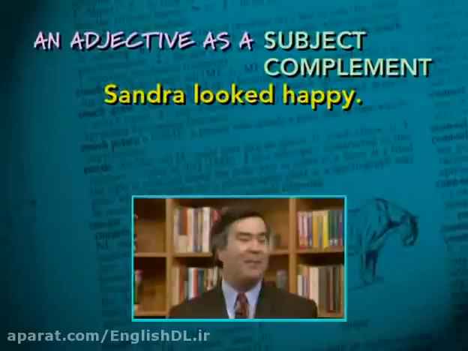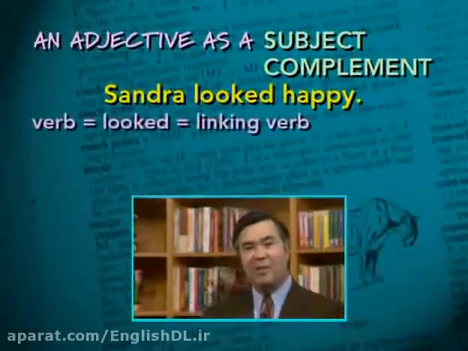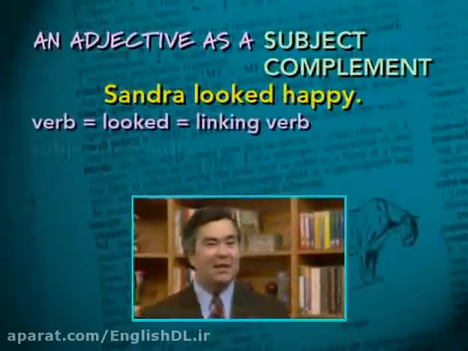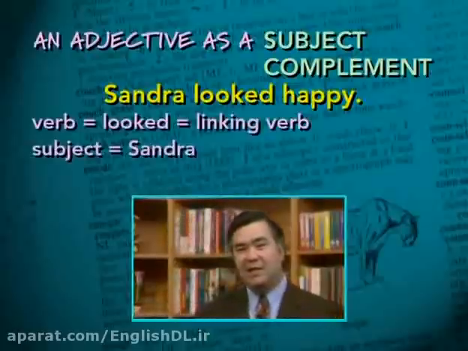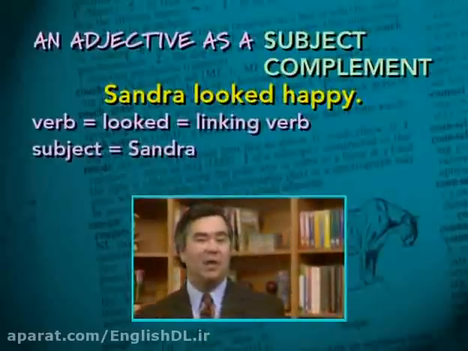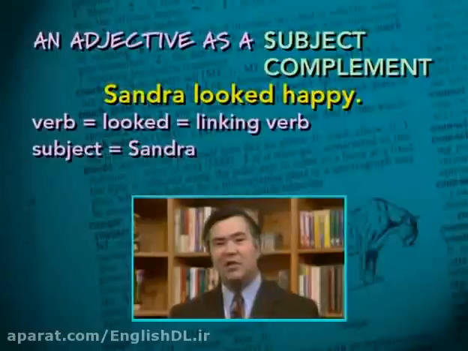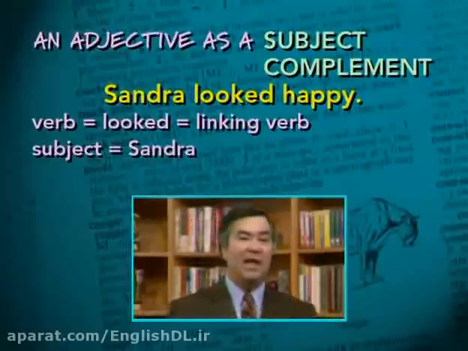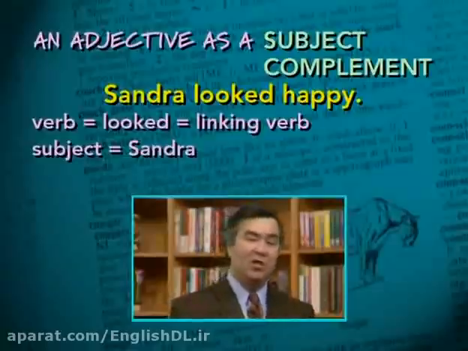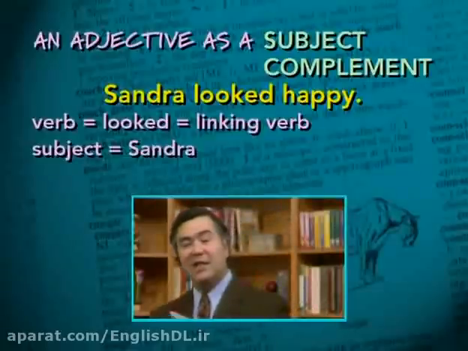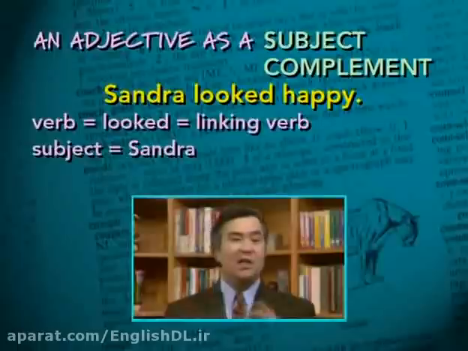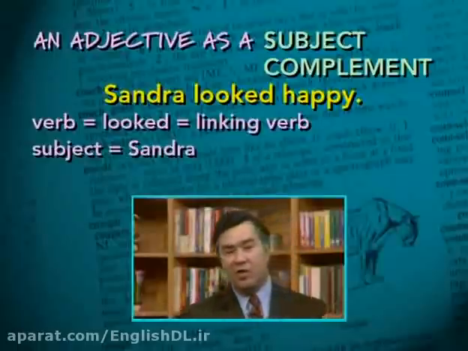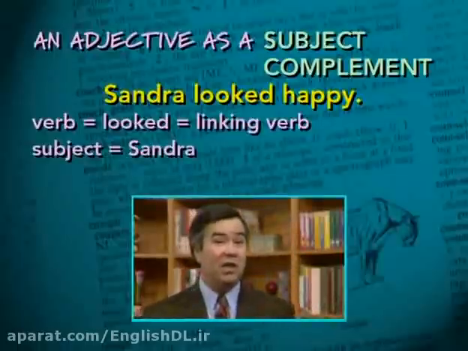Sandra looked happy. Here, the verb is looked. The subject is Sandra. And looked in this case is being used as a linking verb, because what follows isn't receiving the action of the verb, but rather it's equating or being equated to the subject. What follows is the adjective happy, which describes, modifies, refers to, or gives more information about the subject.